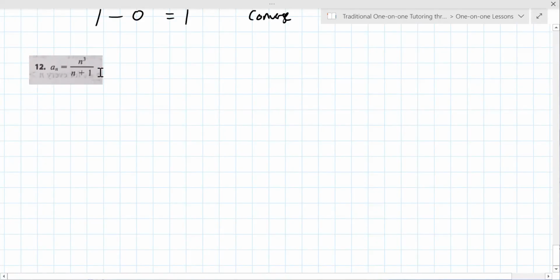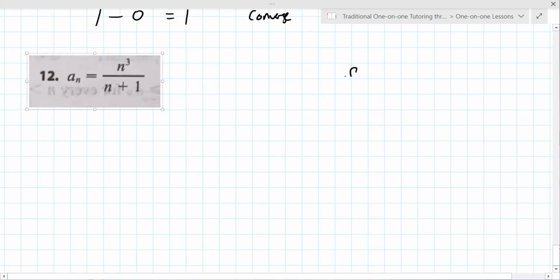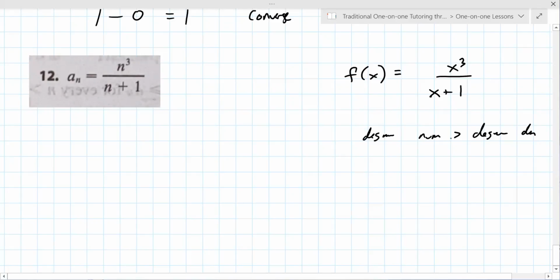If I were to graph this, f of x equals x cubed over x plus 1, we did this in pre-calculus, where you say, if the degree of the numerator is greater than the degree of the denominator, it has what's called a horizontal asymptote, but that just means the function diverges. Because this cube is bigger than this x to the 1, this thing diverges. The cube is going to grow a lot faster than the power of 1.